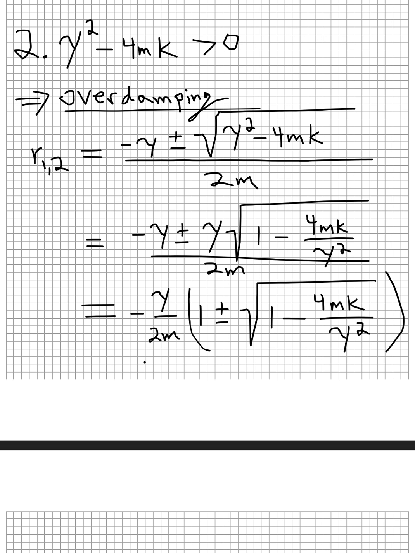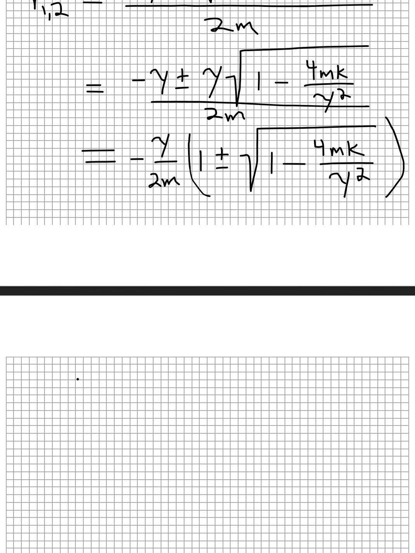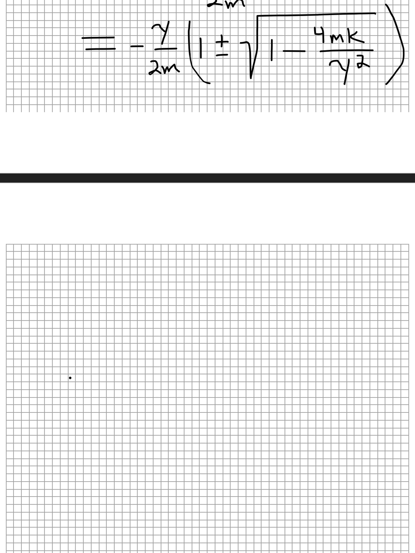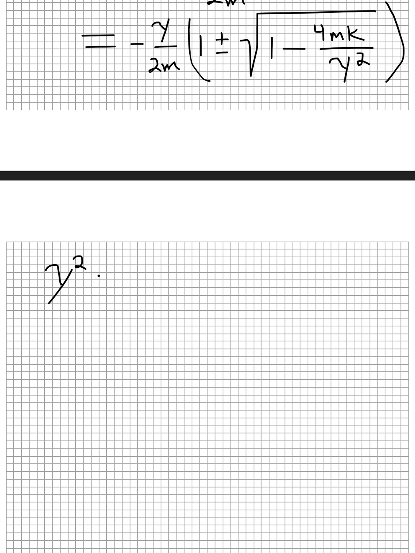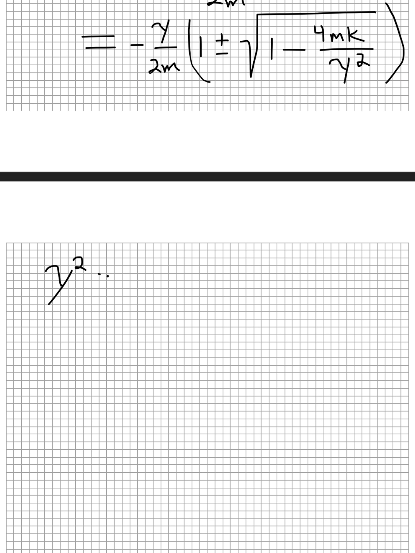Okay? So this final equation then allows us to make a very important observation. And that observation is gamma squared is greater than 4 times m times k.